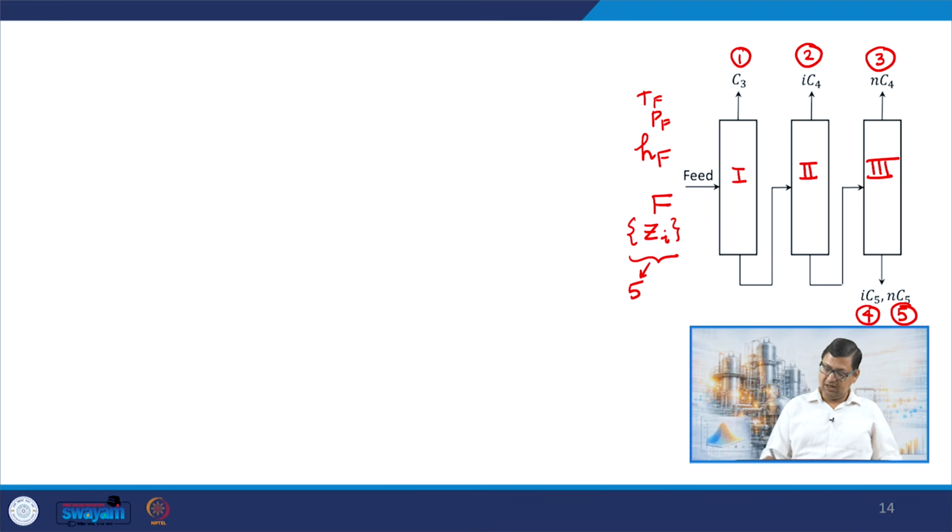For the first column, I can define the liquid leaving as something like L1, vapor leaving as V1. From the second column, I can define liquid leaving as L2, vapor leaving as V2. The third column, I can define L3 and V3.